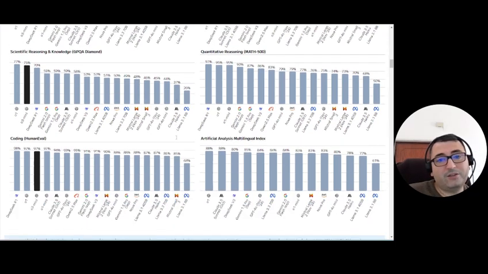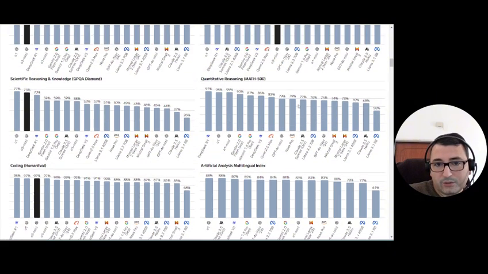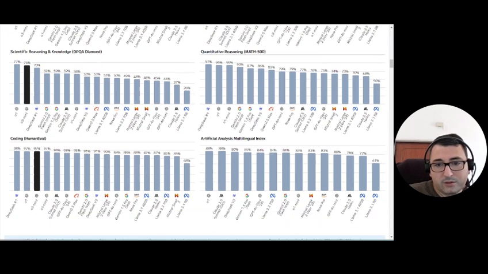In terms of mathematics, this is very interesting. Deepseek scored the highest, higher even than the O1 model. I cannot even see the O3 model here, interestingly. I'm not sure if it's because it's not up to date, but it's not in this chart. I believe that probably is because it's not up to date. O3 must be somewhere leading in this graph.